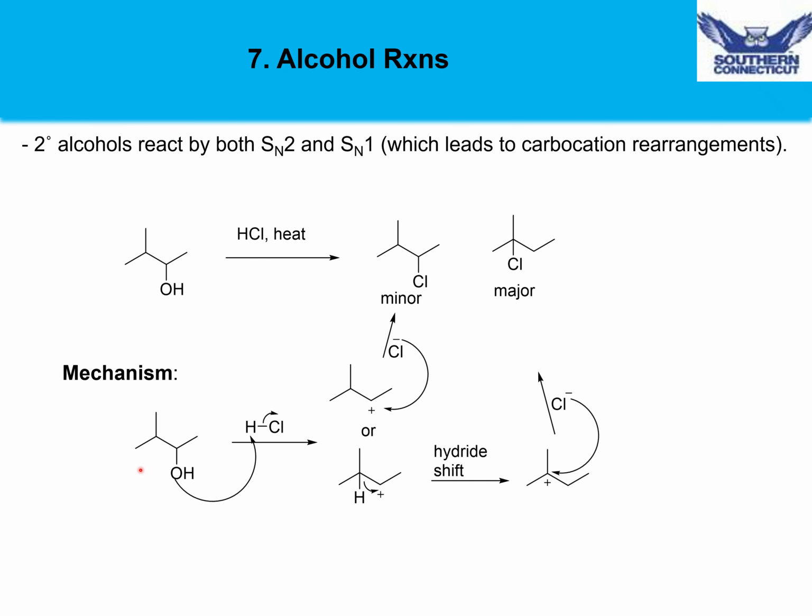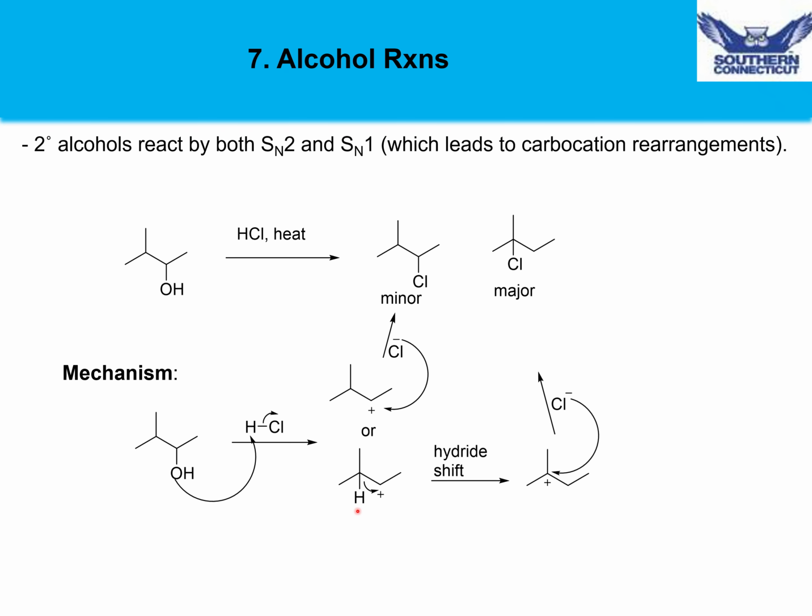The reason for this is the secondary alcohol is protonated by the acid as usual. That eventually leads to the alcohol being eliminated and forming a secondary carbocation. Now that secondary carbocation can react with the chloride to form the expected product, which turns out to be the minor product in this example.